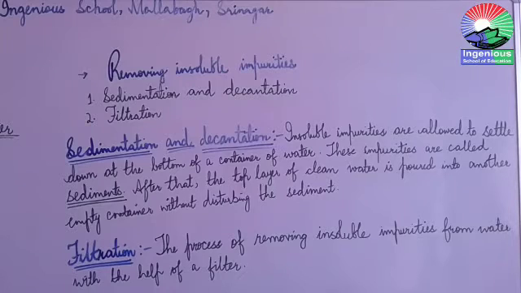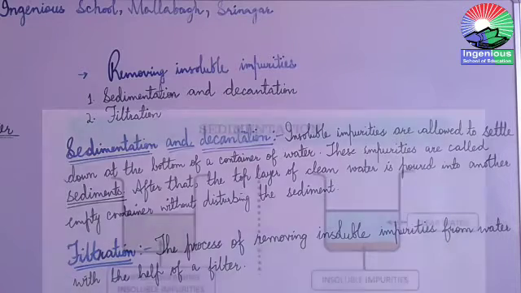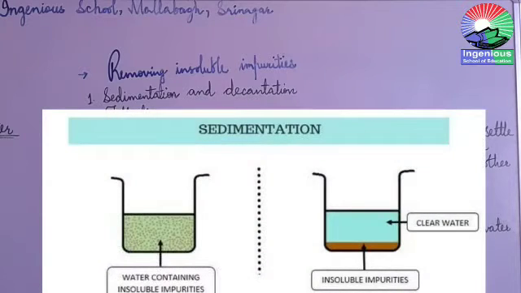Students, the first method which is used to remove insoluble impurities from water is sedimentation and decantation. In the process of sedimentation and decantation, insoluble impurities are first allowed to settle down at the bottom of the container.